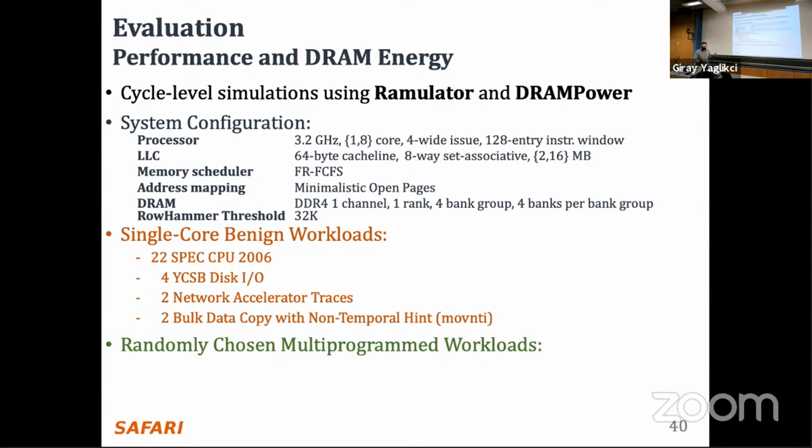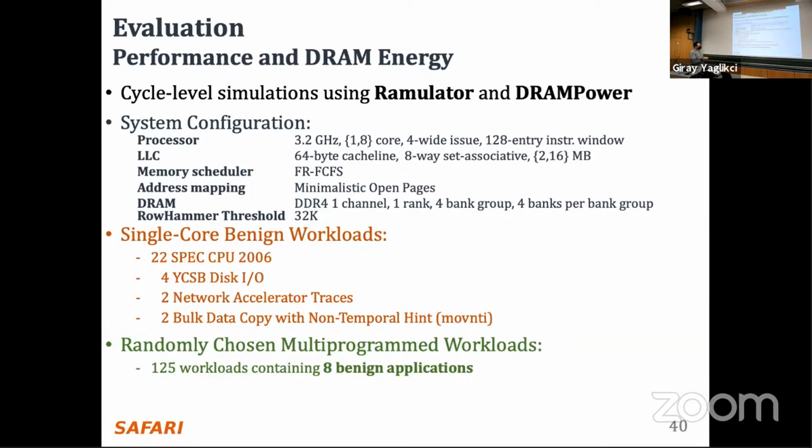On top of that, we randomly choose a set of these single-core benign workloads and run them together as 8-core multi-programmed workloads.